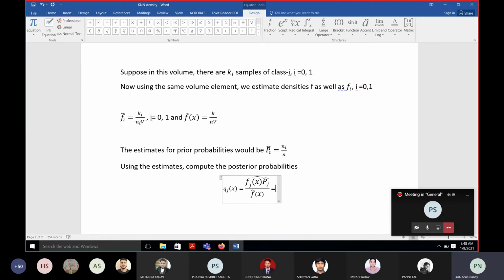What will we write? It's a B, f hat j(x). This one we have already computed.